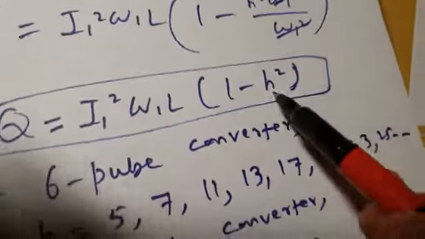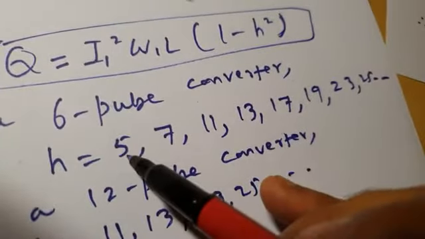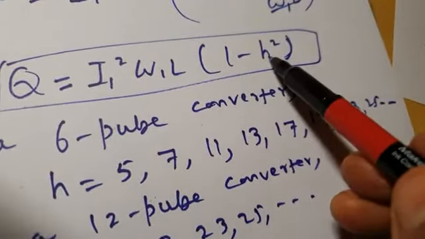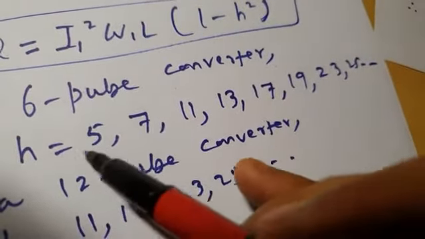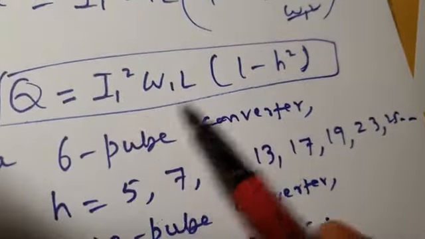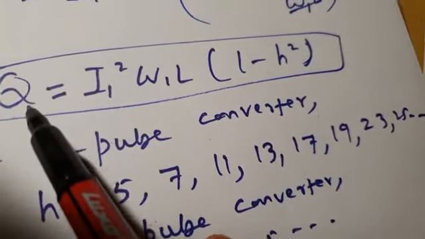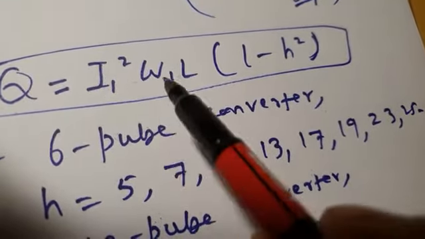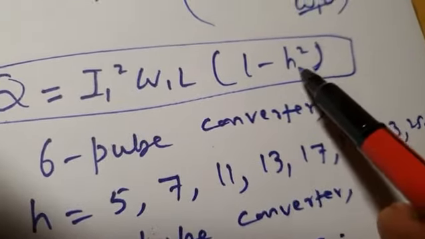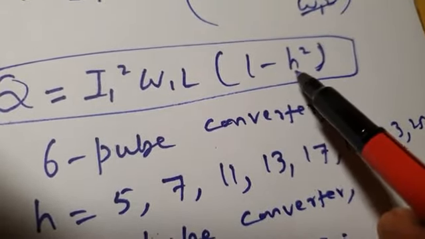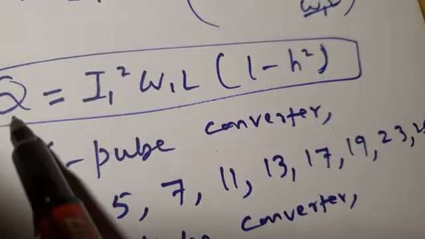So if you substitute H for a 6 pulse converter, 5, it will be 1 minus 5 square, 1 minus 25, if you have tuned your filter to 5th harmonic frequency. So what is the reactive power generated or consumed by your filter? That's I1 square omega 1 L times 1 minus 5 square. 1 minus 5 square means 1 minus 25, so it will come out to be negative.